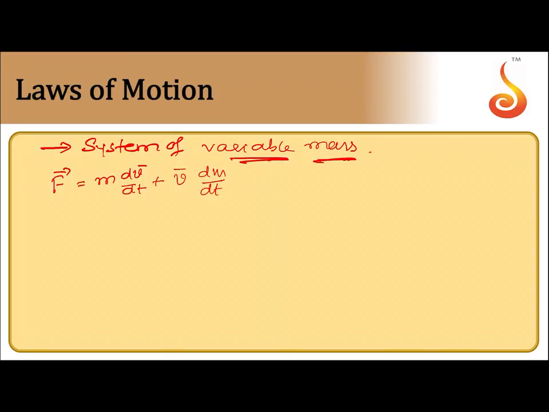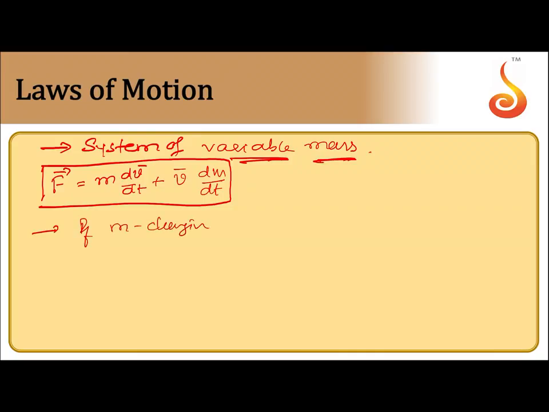If that be the case, Newton's second law becomes F is equal to m dv by dt plus v dm divided by dt. Now, if the mass of the system changes, this is a critical case. If the mass is changing and the velocity of the changing mass, that is, the mass which is escaping or added, is constant, then dv divided by dt is equal to 0.